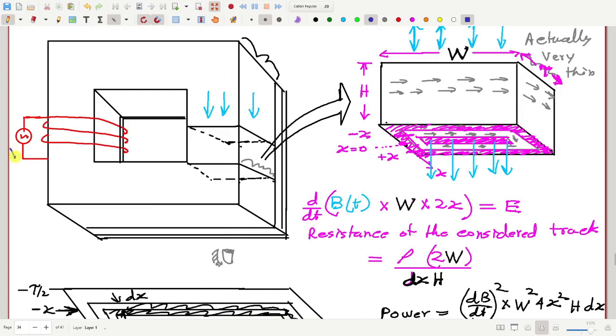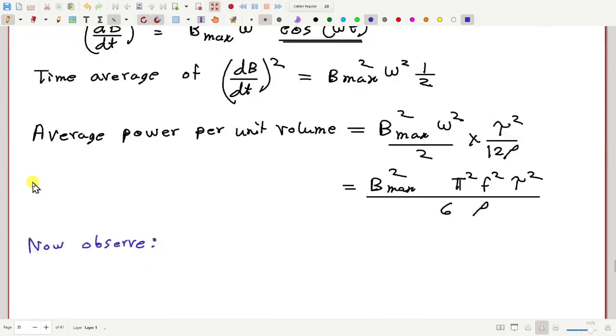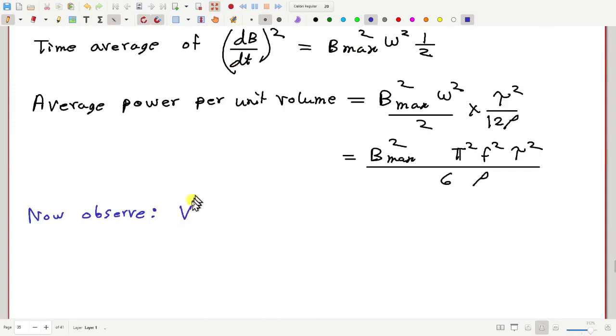if this voltage is V, call it V1, then we know that the RMS value of V1 is given by, that is a formula, root 2 pi phi max f into n. So you observe that V1 is therefore proportional to B max, because B max multiplied by core area is phi max.